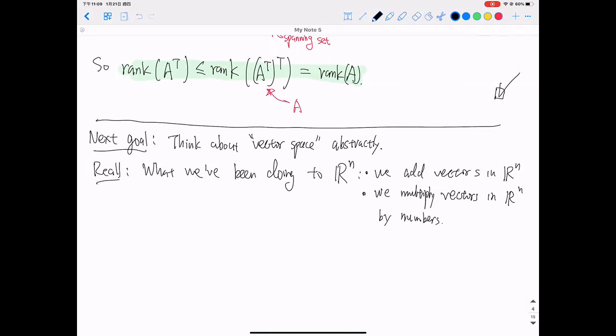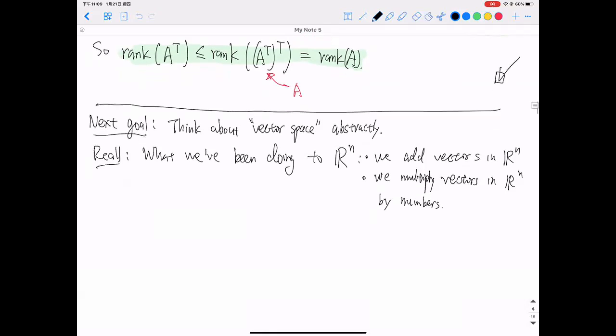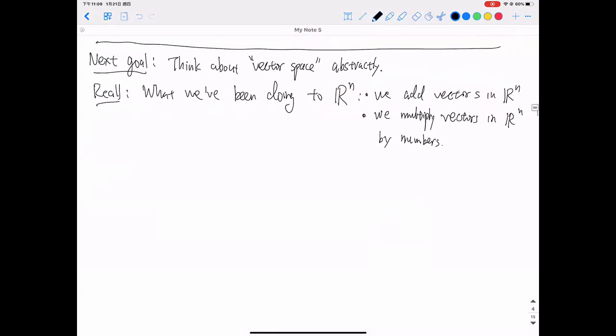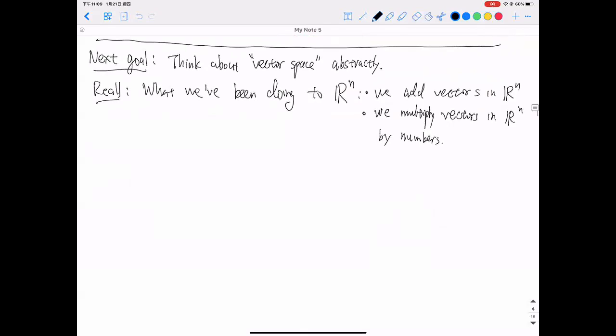These are the two operations that we do most often to vectors in Rn, and these operations have nice properties, as we've seen already.